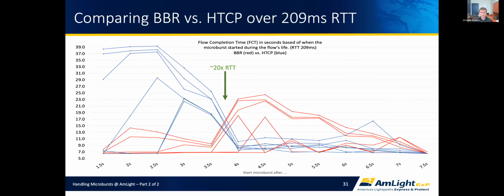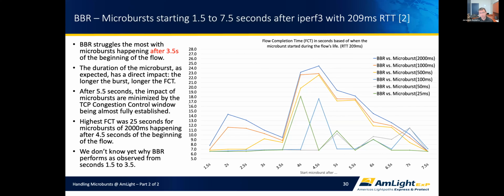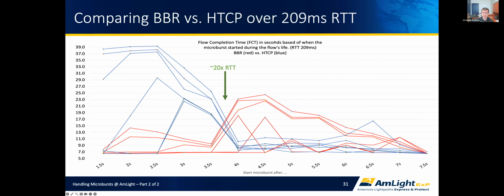So then I started looking at this, and I put all the colors for HTTP the same, blue and red, everything that is BBR. And then you see there's kind of a convergence point where they touch, around here between 3.5 seconds and 4 seconds, when they shift profile, when they shift behavior.